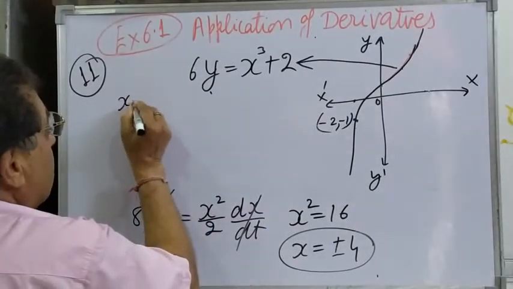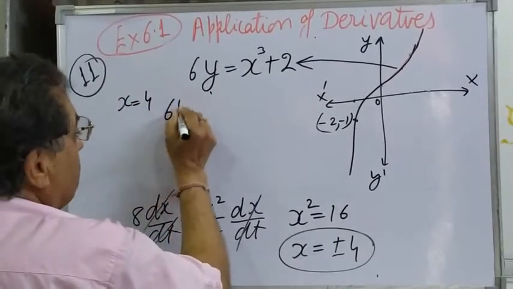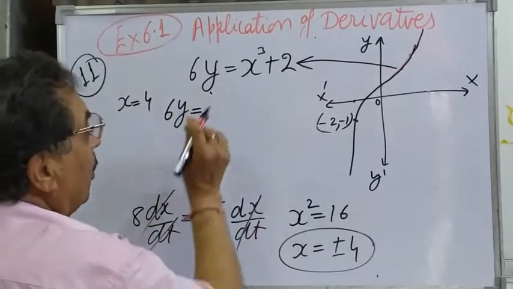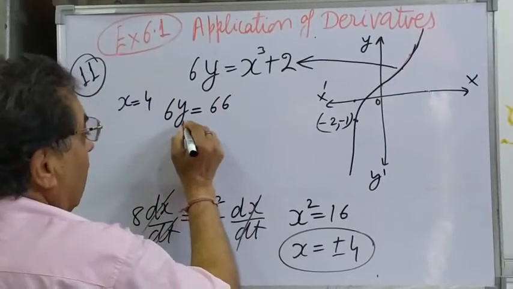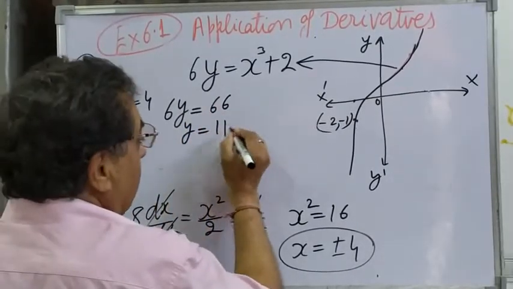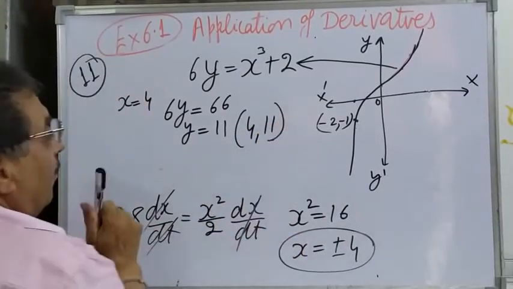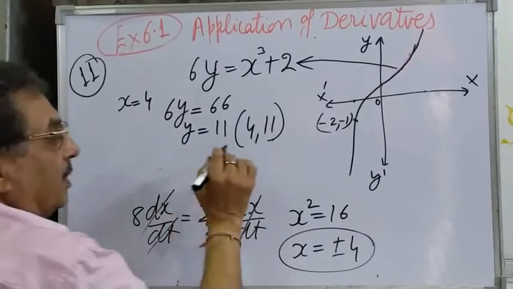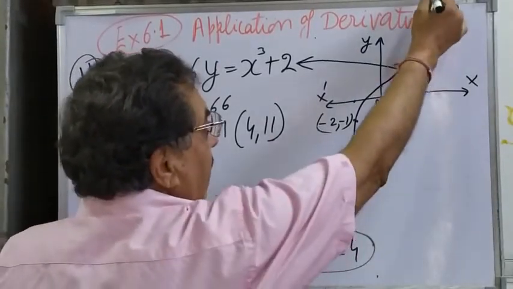When x is equal to 4, our 6y is 4 cube plus 2, that is 64 plus 2, 66, so y would be 11. So the first point comes to be 4 comma 11.